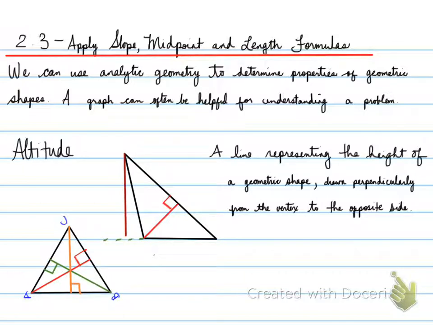So that's the altitude we're looking at here, folks. Let me quickly draw that again and connect that. There we go. So that is the altitude, or height of the triangle, from this vertex.